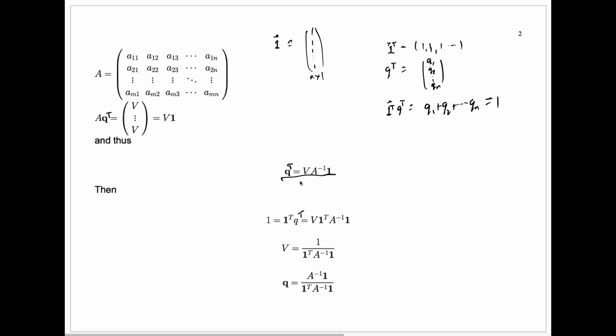So that number 1, when I put in what Q transpose is above, is just 1 transpose times this vector V A inverse 1, which is V times 1 transpose A inverse 1.